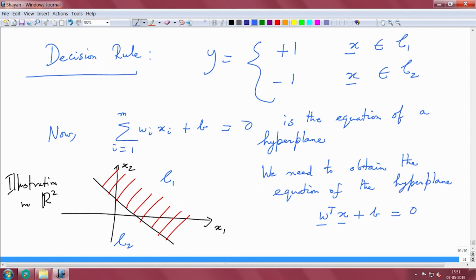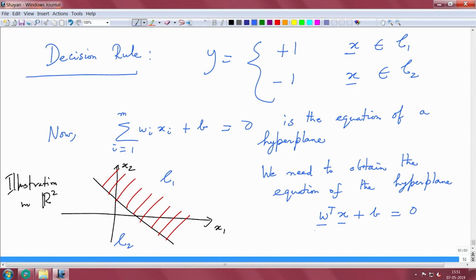But if you want to even fold this bias in as one additional attribute, then it will have coordinates 1 to m plus 1, and you can have W transpose X equal to 0, and this bias you can treat like a variable like Wi, except that it is 1 times b, right. We saw that connection, but this is the general form.